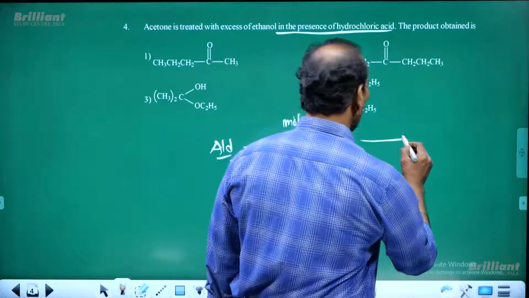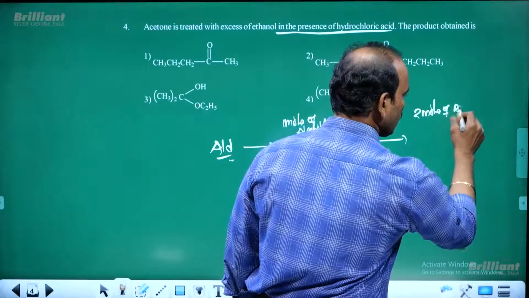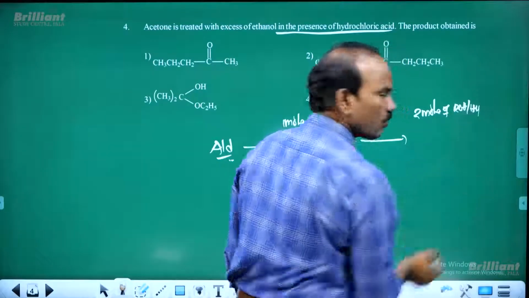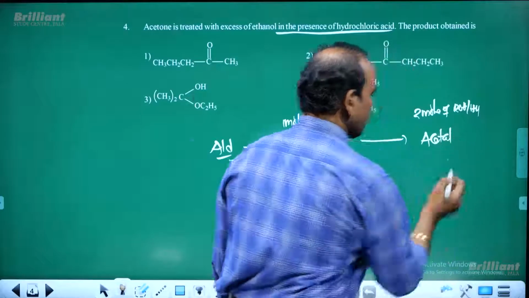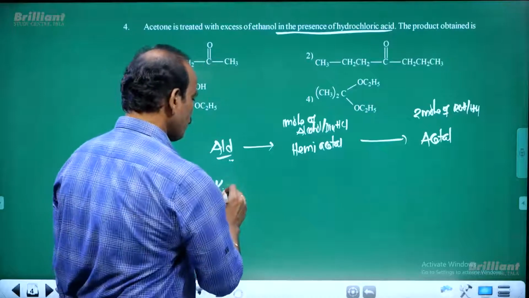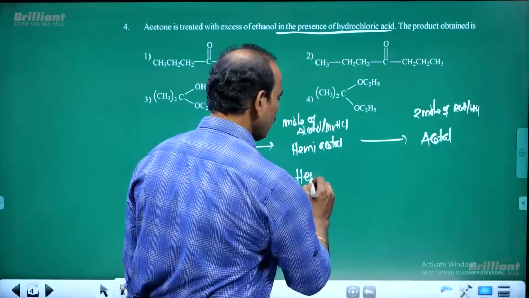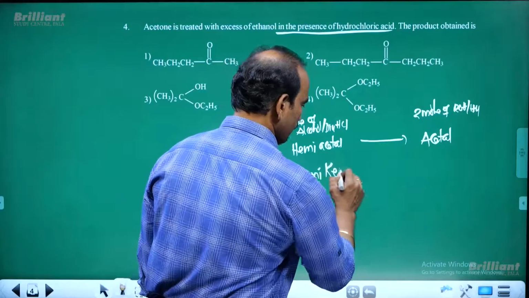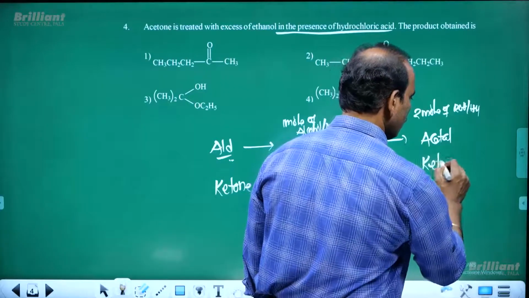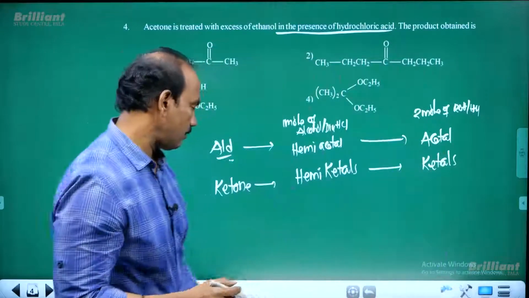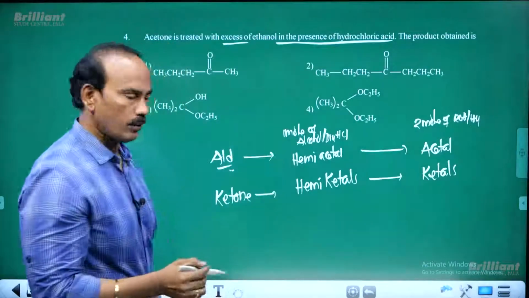At the same time, with 2 moles of alcohols, HCl, lower alcohols, it gives acetal. Similarly, ketones, this is hemiketal. Next with 2 moles, this is ketals. Clear? Now excess means 2 moles.